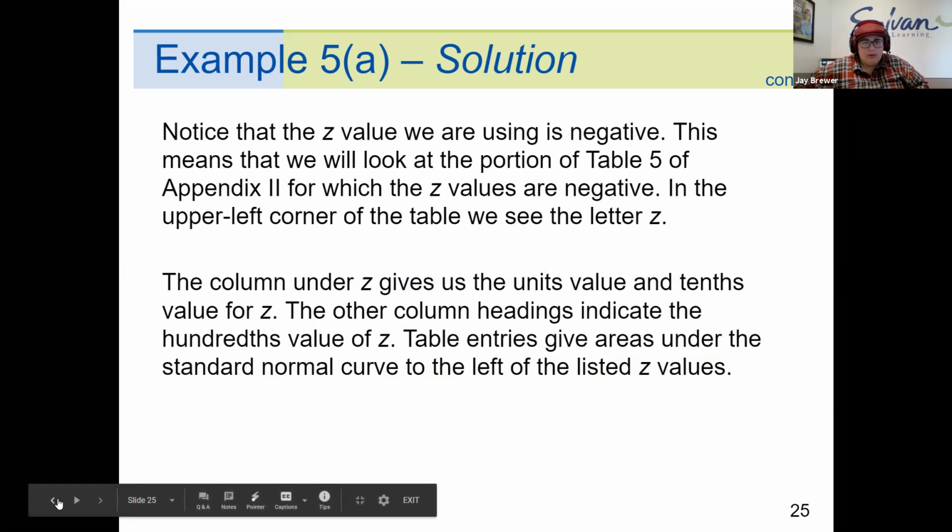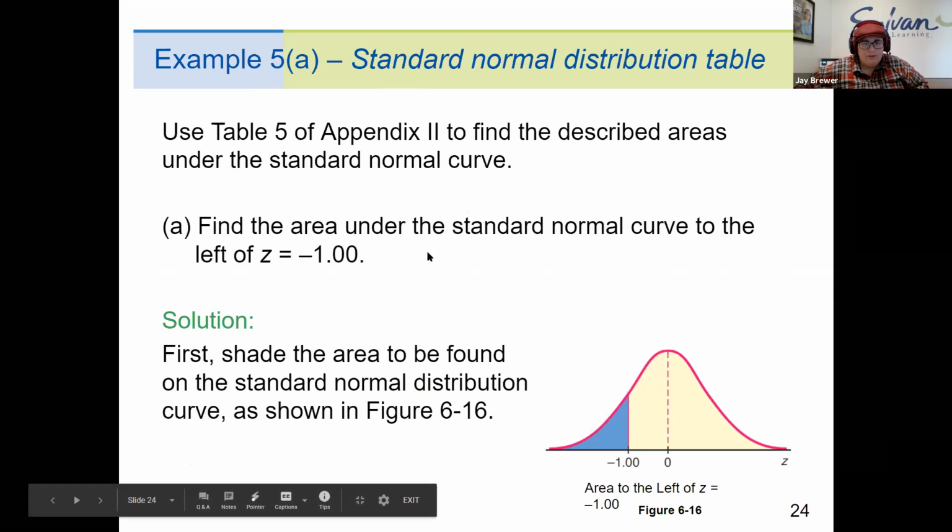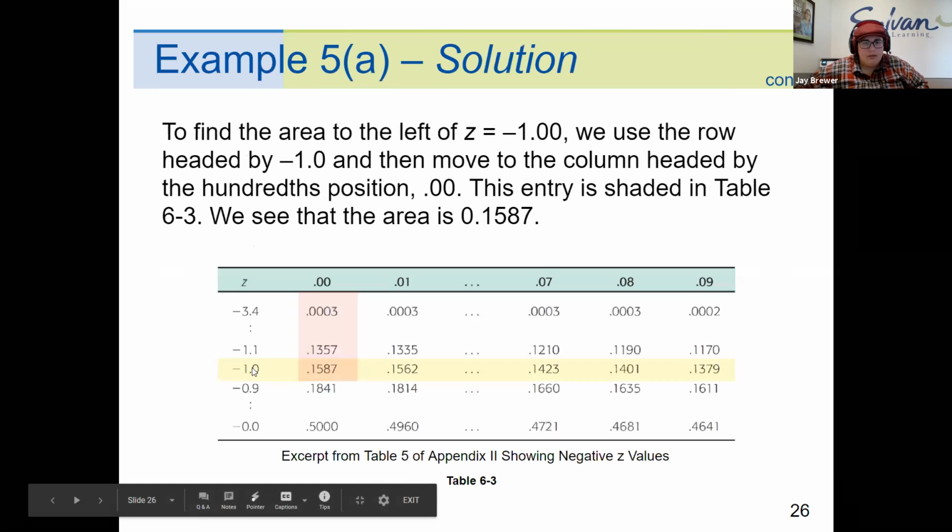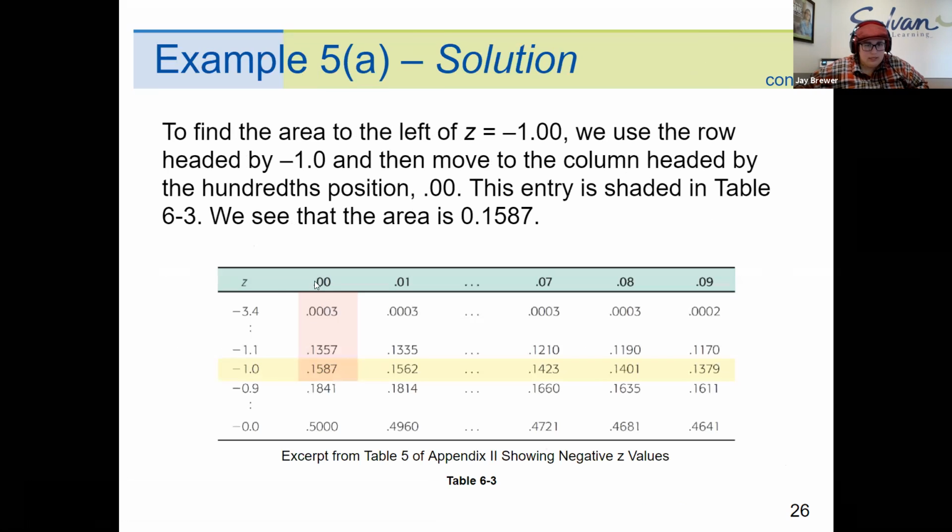Let's take a look real quick at what they want us looking at here. Find the area under this normal curve to the left of z equal to negative 1. Here's your negative 1. Here's your 0. So you're looking at an area of 0.1587, which would give you a probability of 15.87 percent.